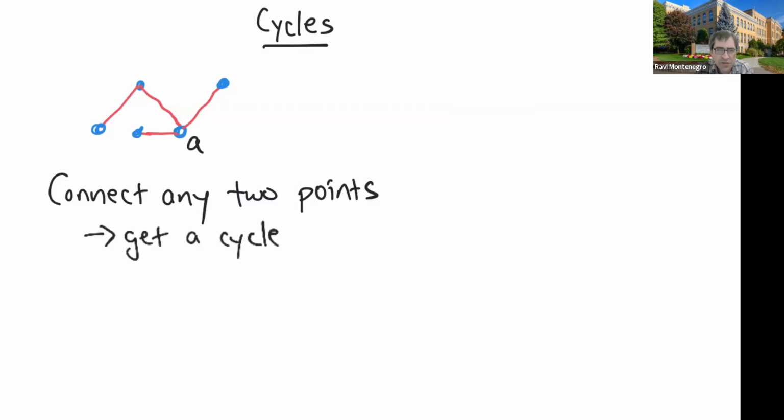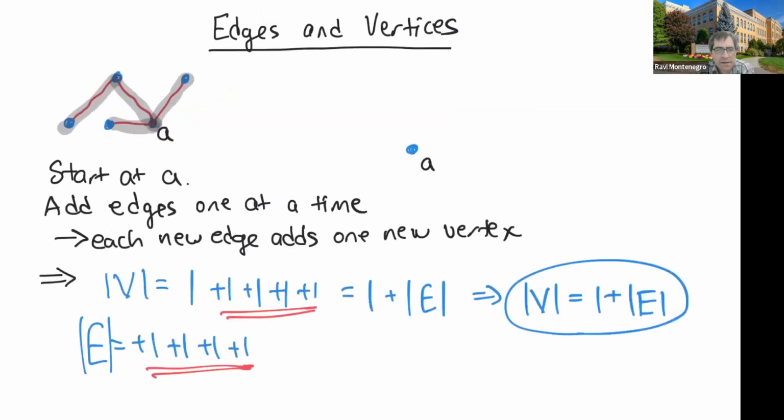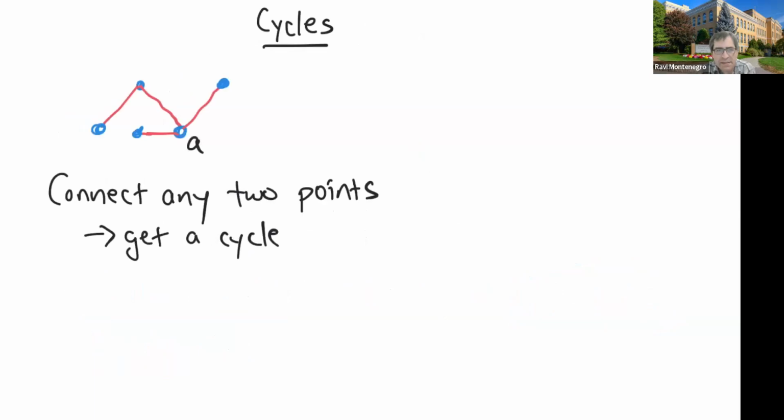So from this, we see two interesting properties of trees. First, the number of vertices is 1 plus the number of edges. Second, if you connect any 2 points, you get a cycle. And these are actually fundamental properties of trees. So if you consider a connected graph that has the property that adding any edge will give you a cycle, then it is a tree.